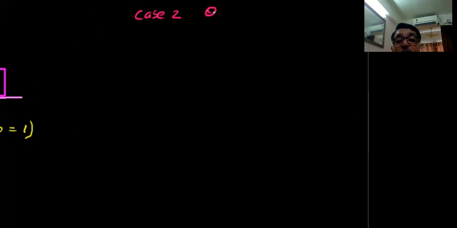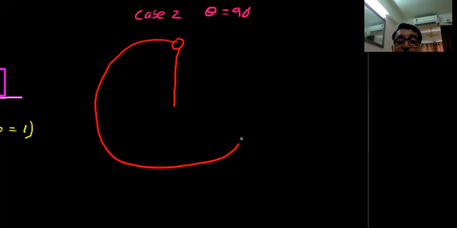Let's assume you have a stone which is tied to a rope and the stone is moving in a circular path like this. You are rotating the stone. Now remember, the stone is always trying to go straight. So this is the direction of the displacement.